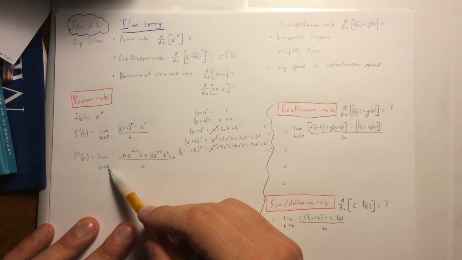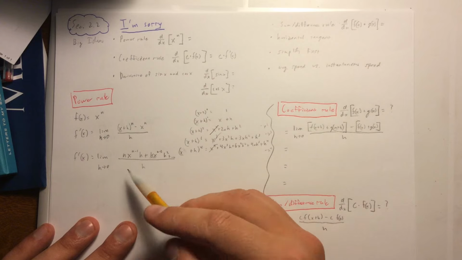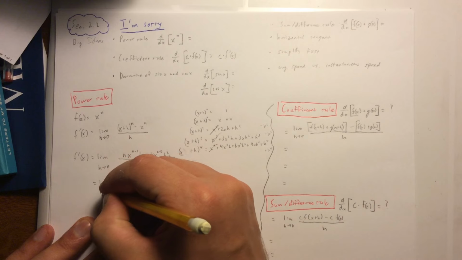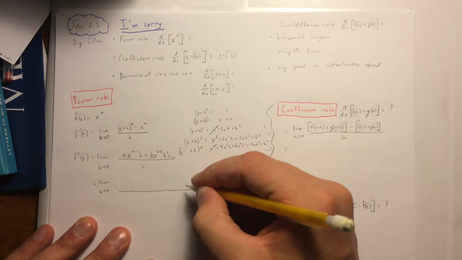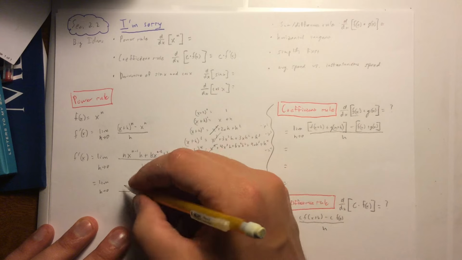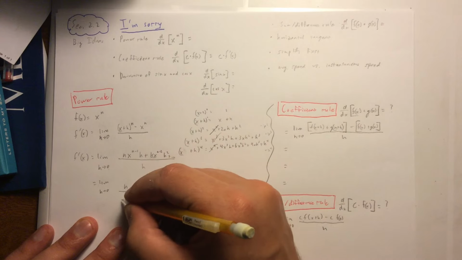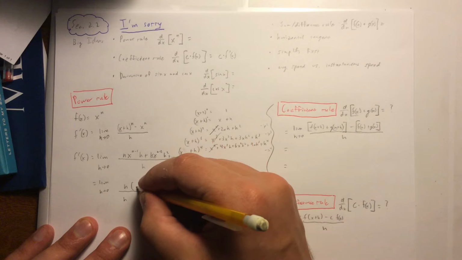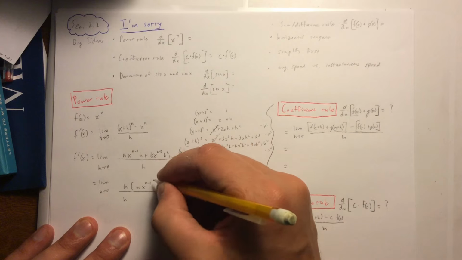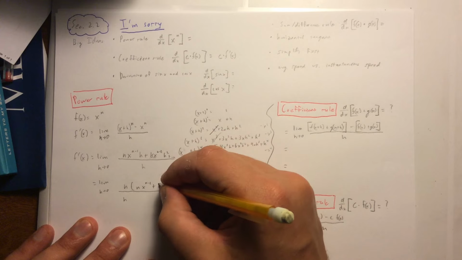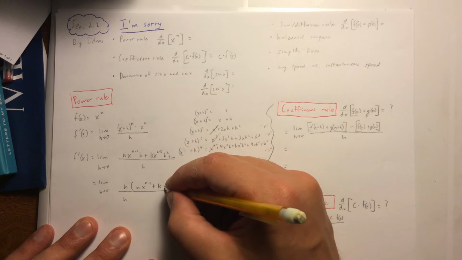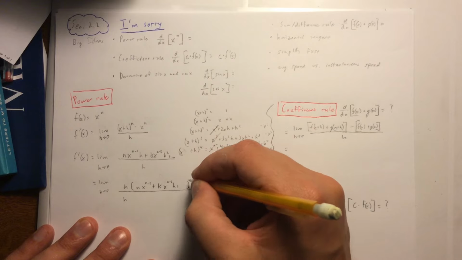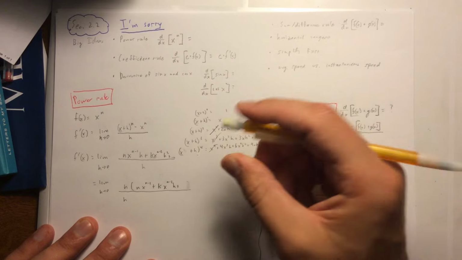When I actually cancel out the h's here, if I factor an h out of this whole thing, I get n x to the n minus 1 plus, well, whatever that other number is, k, x to the n minus 2, h, plus whatever the next one was.